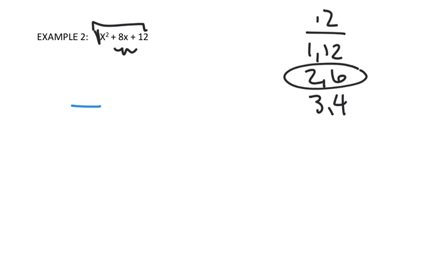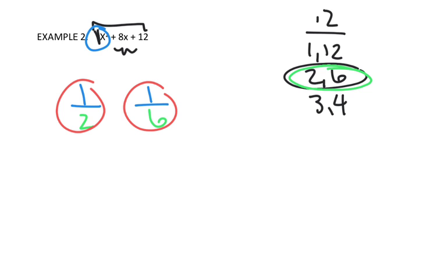So now you're going to make two fractions. The numerator is going to be the a value, which is 1. The denominator is going to be your factor pair, so 2 on the bottom for one fraction, and 6 is the denominator on the other fraction. See if they'll reduce. 1 over 2 doesn't reduce, so we'll leave it. 1 over 6 doesn't reduce, so we'll leave it.